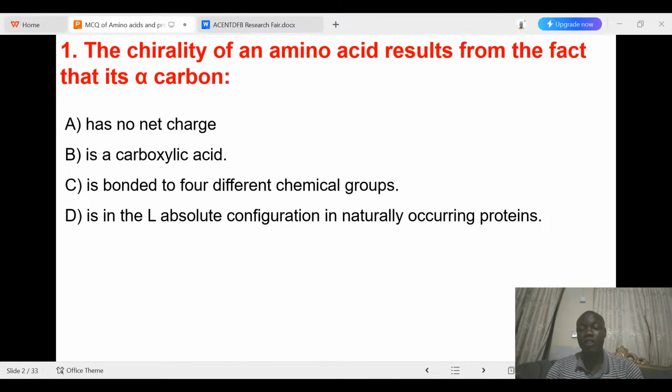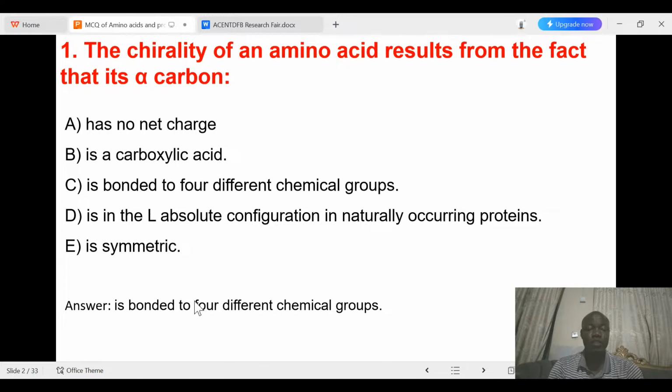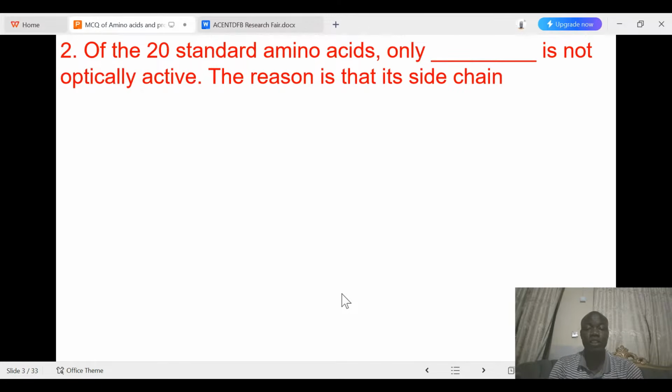The amino acid that doesn't have a chiral alpha carbon is glycine. So as we can see clearly, the answer to this question is option C, where the carbon is bonded to four different chemical groups. Then let's move to another question.